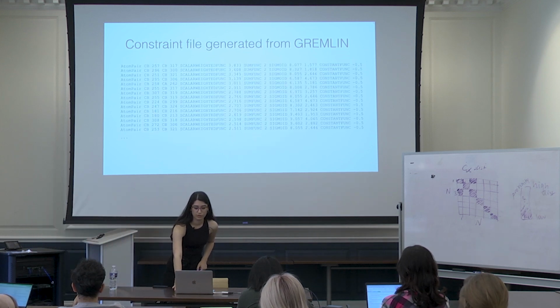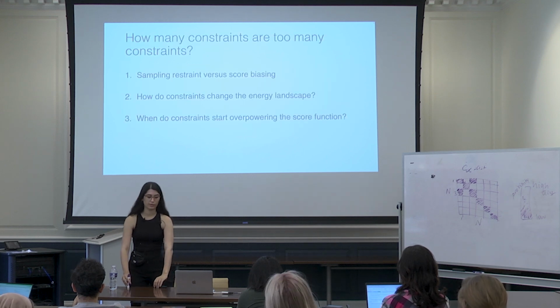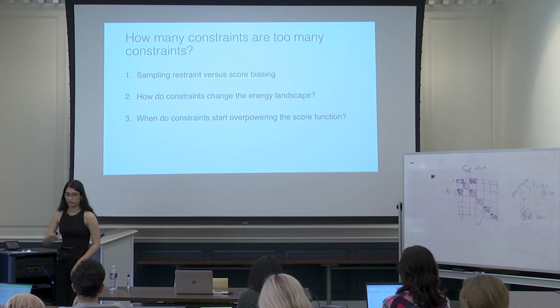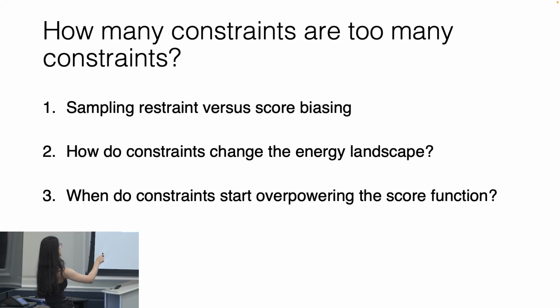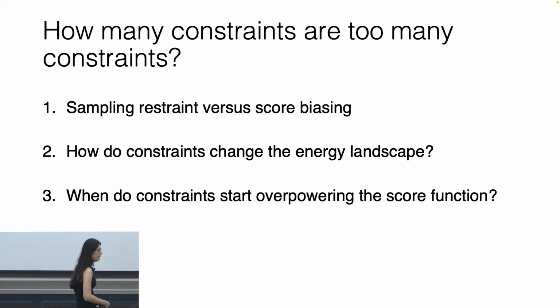Let's move on to the discussion. So first of all, you know that we have taken a look at sampling, and we also talked about how the score can be biased with our constraint files, or perhaps you just define a constraint in your protocol.